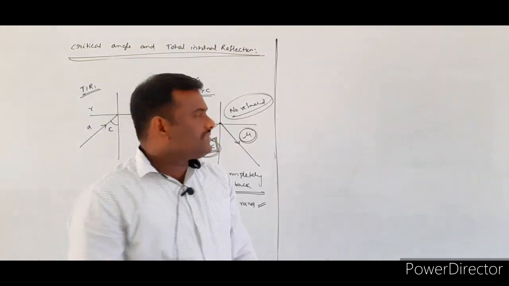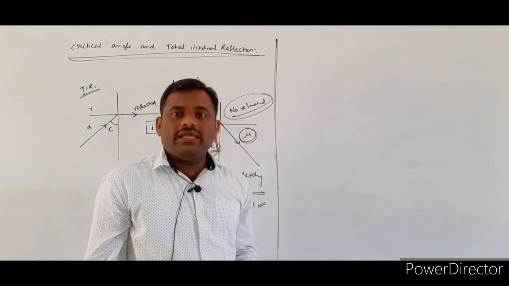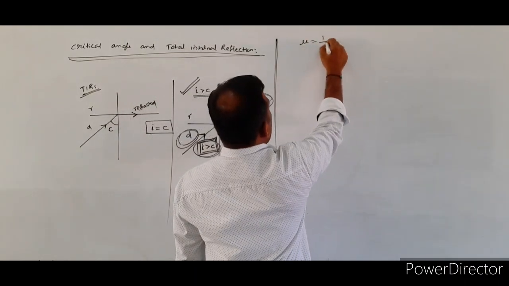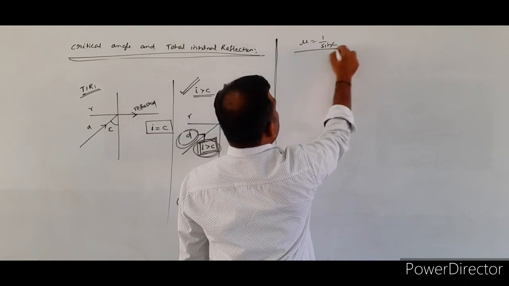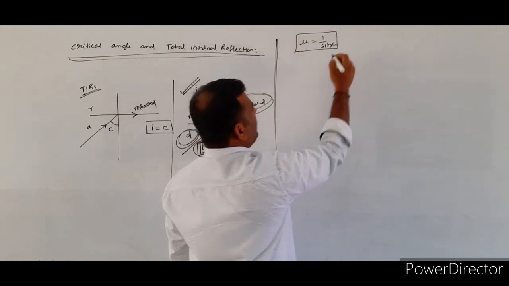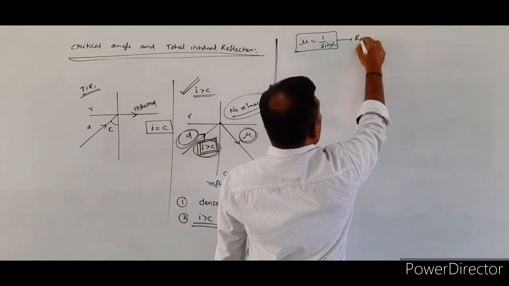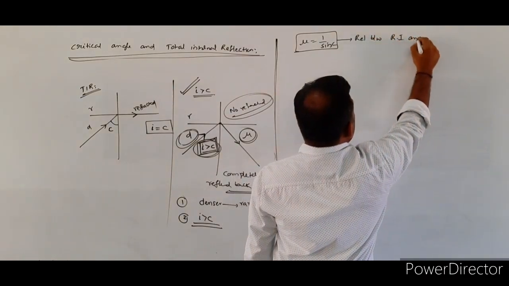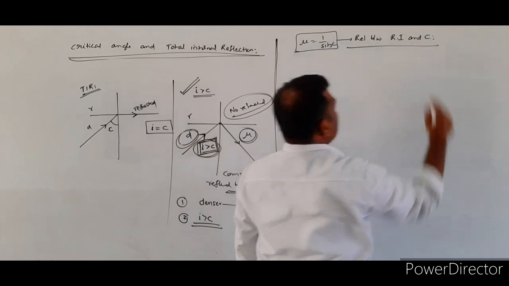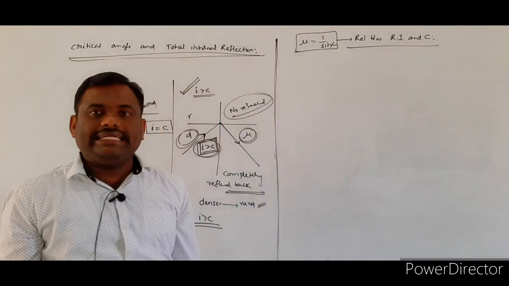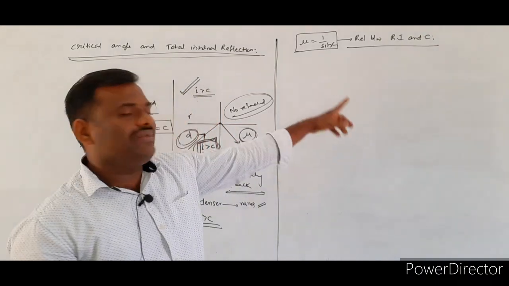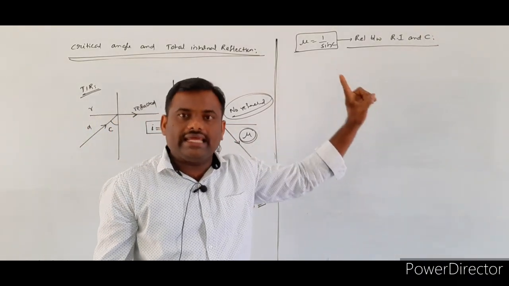Next, we are going to derive an important relation, that is mu is equal to 1 by sin c. It is also called the relation between refractive index and critical angle. Sometimes they ask to derive the relation between the refractive index and the critical angle.